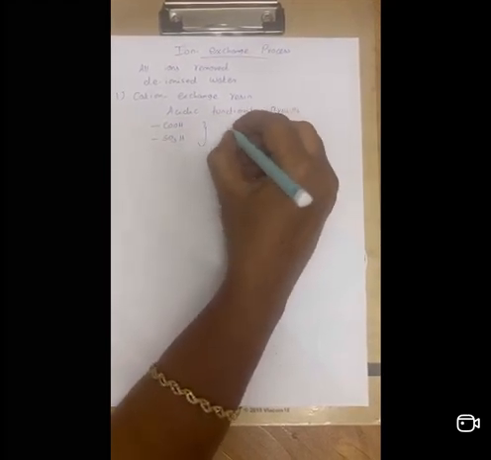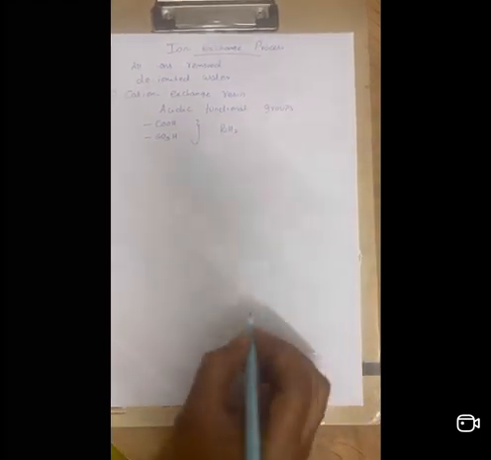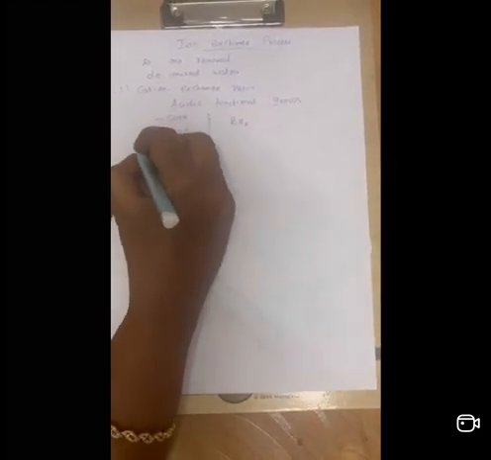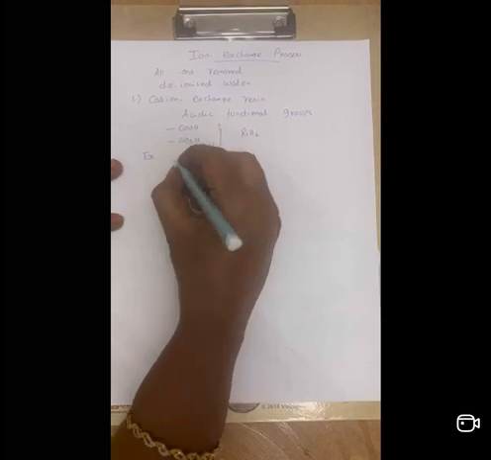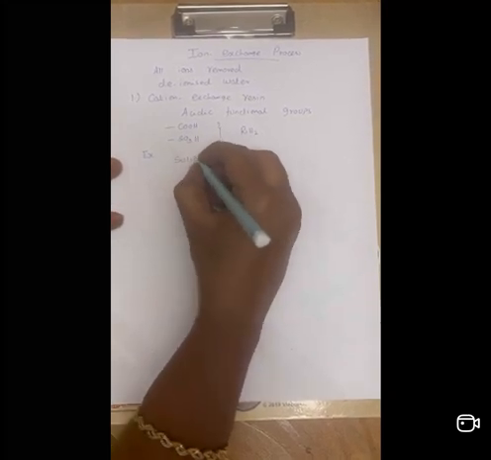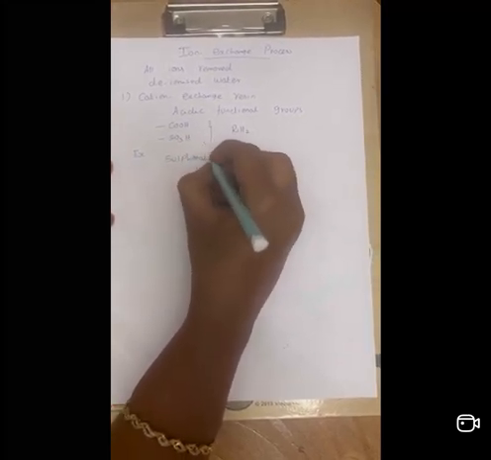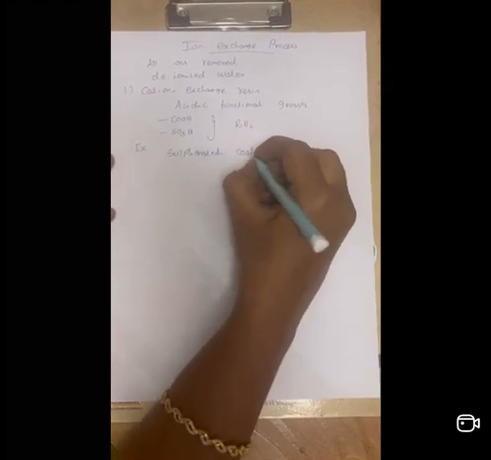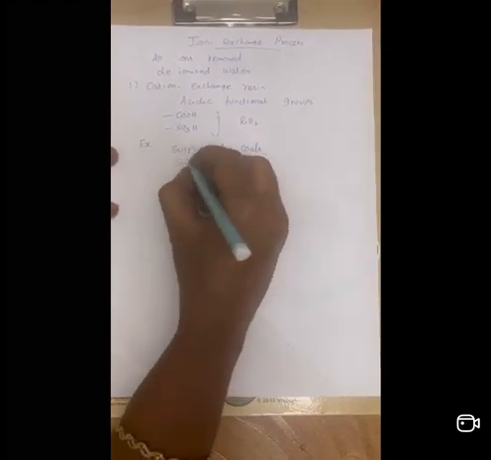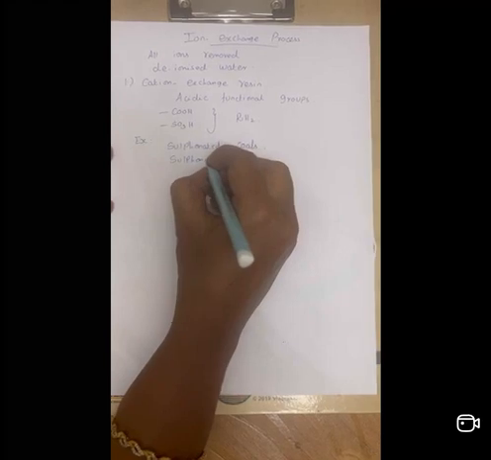So these will be represented by RH2. Examples for cation exchange resins are sulfonated coals and sulfonated polystyrene.